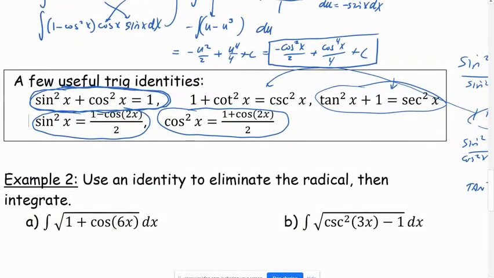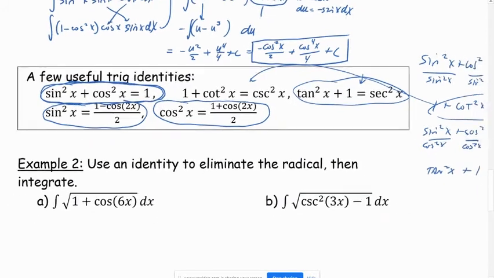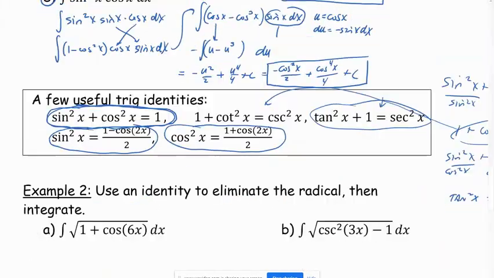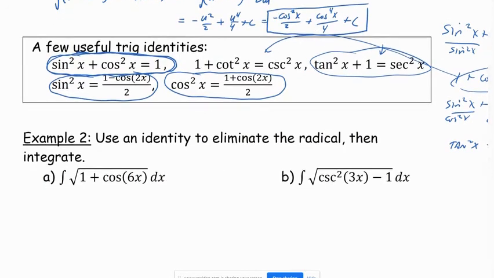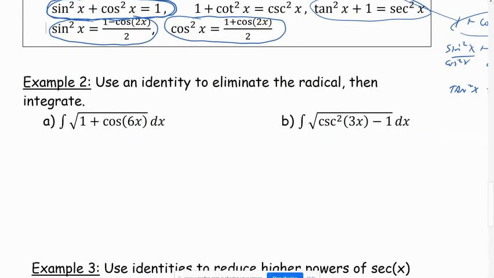Okay, so we're going to use these identities to try to rewrite some more integrals, different style than the ones this time. We're not looking at powers of sine and cosine like we were in examples A through E, but these identities can still be helpful. For example, here in A, we have 1 plus cosine of 6x.